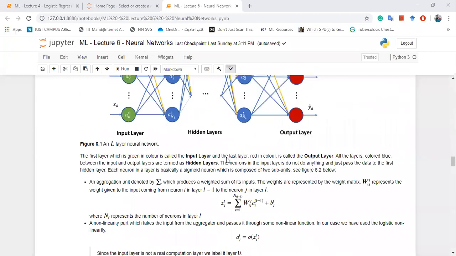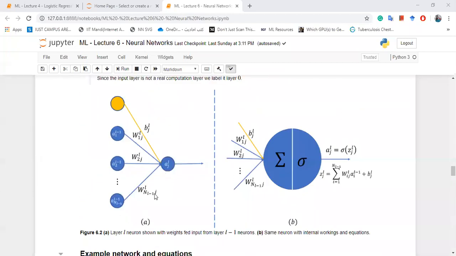Here I have shown you the connections of one neuron. Again, I will briefly summarize it. If we have this neuron A_j^L, this is a neuron in layer L and it is the jth neuron out of the different neurons in this layer.